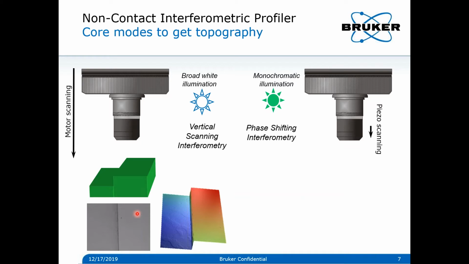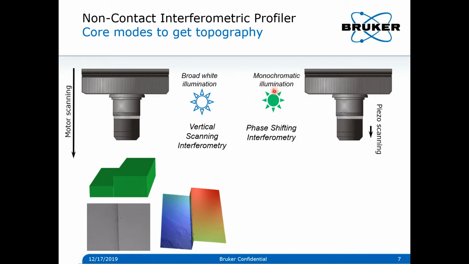In that case, the fringes with white illumination help to find where the focal plane is, irrespective of the objective. And you see that we have quite a large vertical scan range all the way through the surface. This is called vertical scanning interferometry.